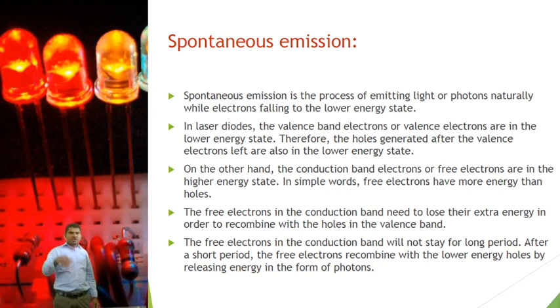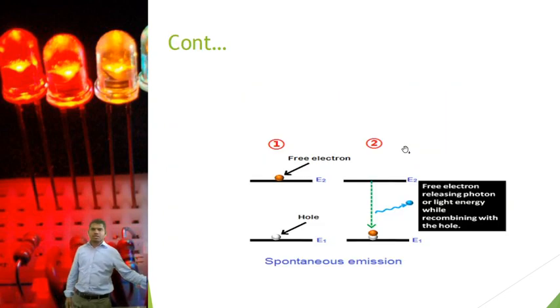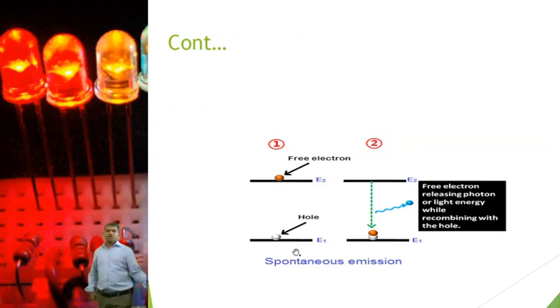The free electrons in the conduction band will not stay for a long time. After a short period, they recombine with the lower energy holes by releasing energy in the form of photons.